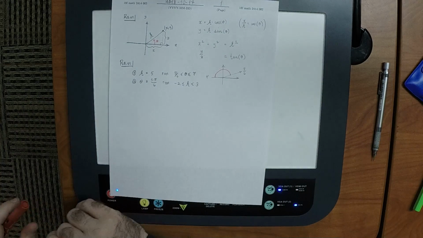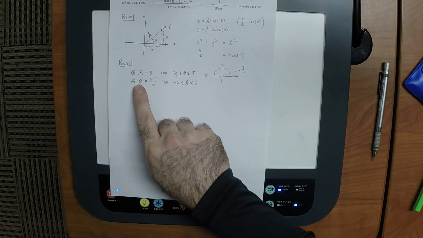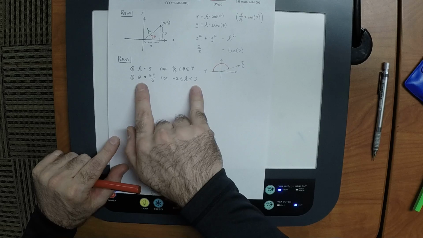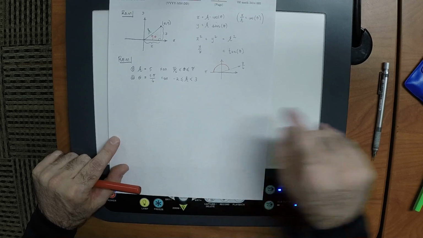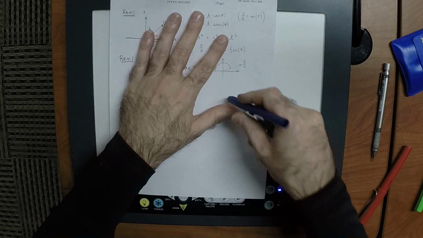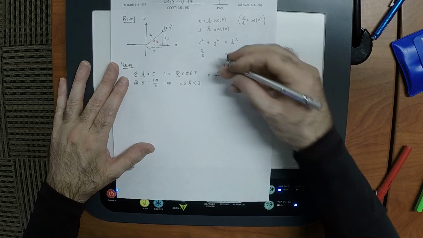So this is a constant function, but viewing the output as the angle and the input as the radius. So what will this look like when you plot it? It's a line segment, right? So it'll be a line segment.